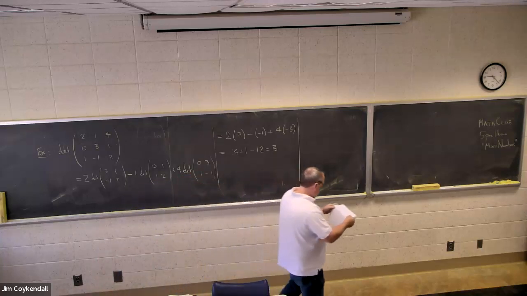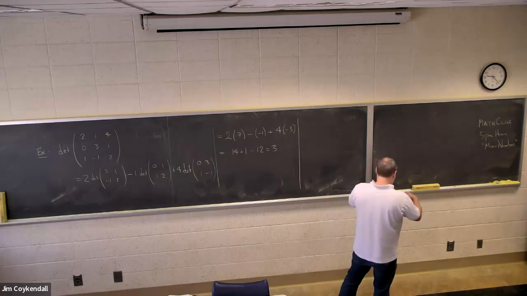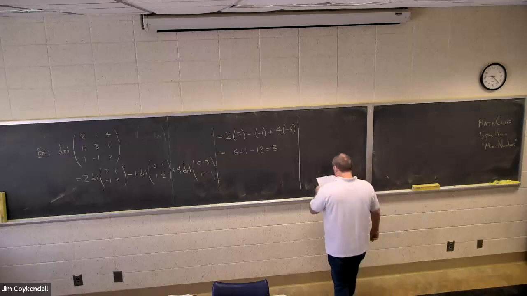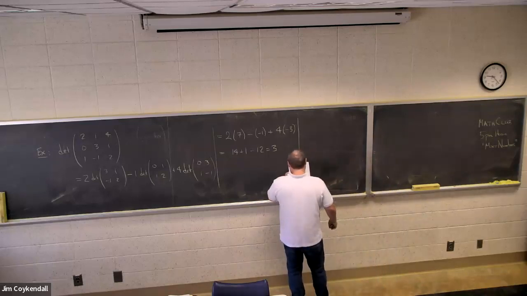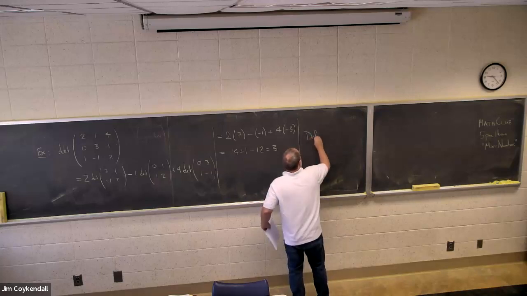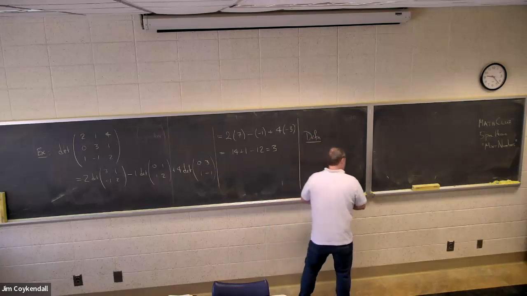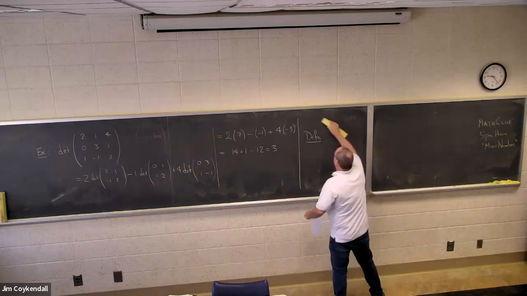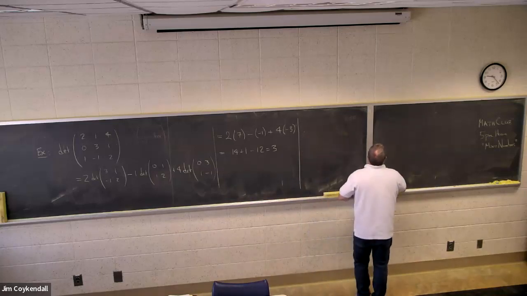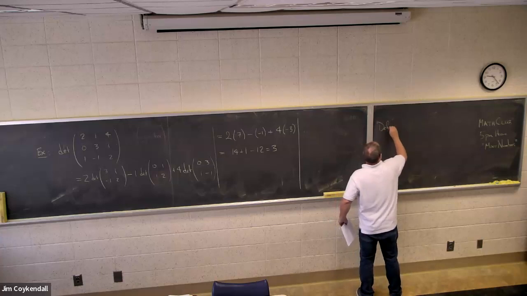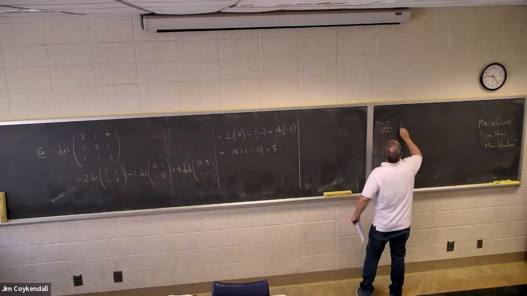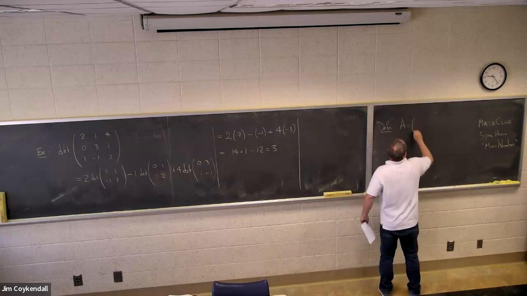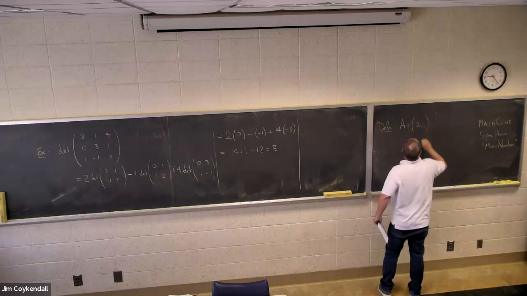I mean, let me tell you how to do this. Definition. Let A be the matrix A_ij.